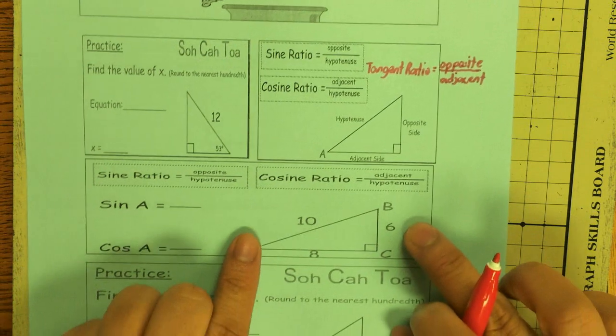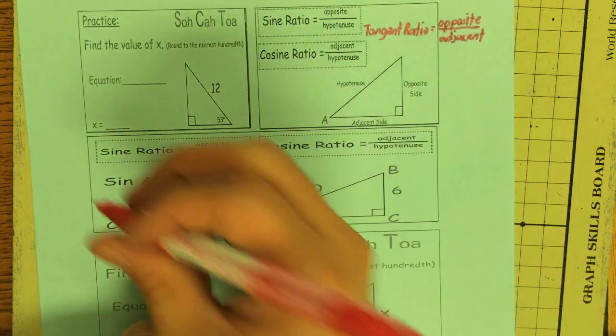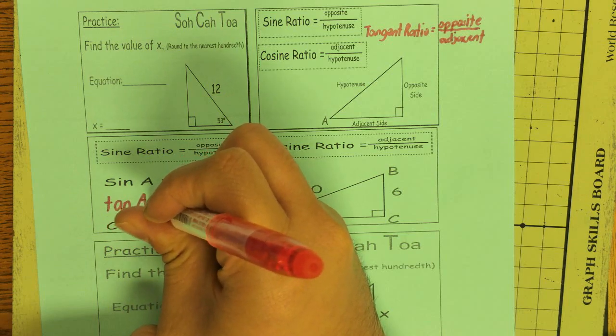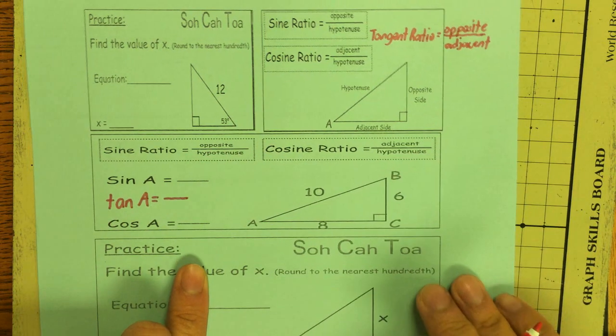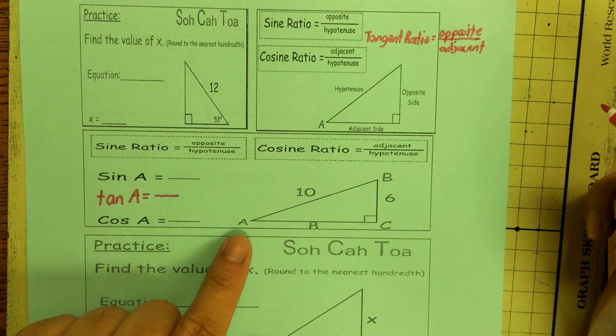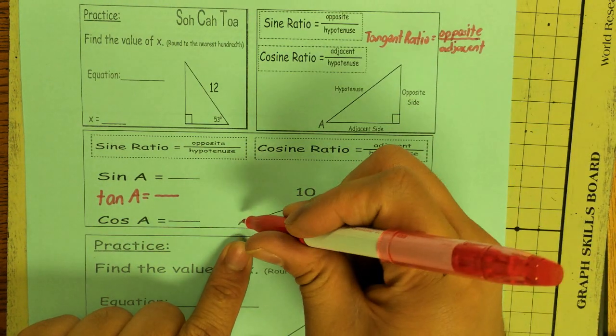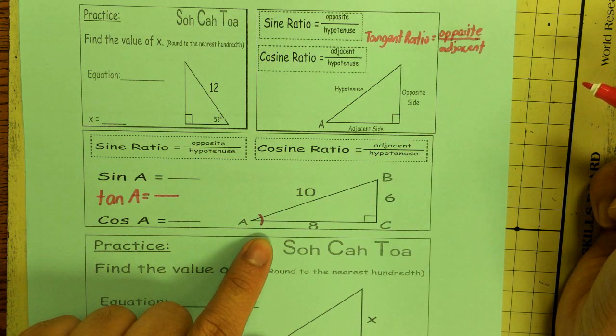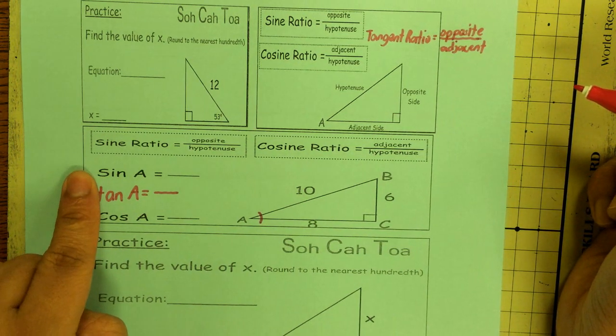Alright, I'll start down here. So first step is to always identify the angle. My angle's right here, I'm going to mark it down. There's my angle. I'll start with sine.